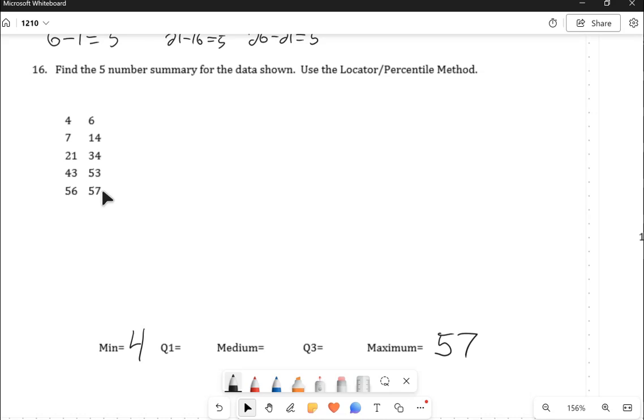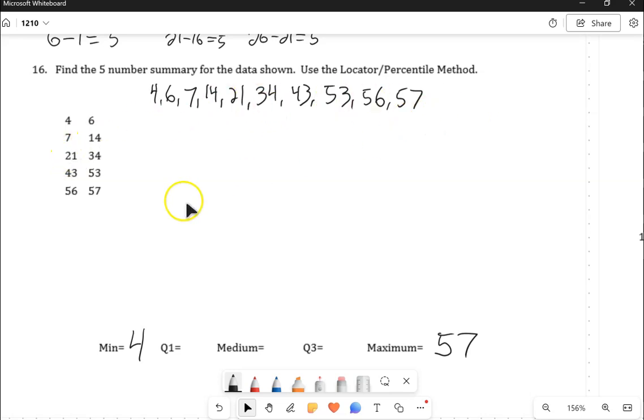You could even reorder these linearly. So it's like 4, 6, 7, 14, 21, 34, 43, etc. If that helps. Sometimes these are larger tables and it's best if you not spend time rewriting or take a chance of transcription errors.